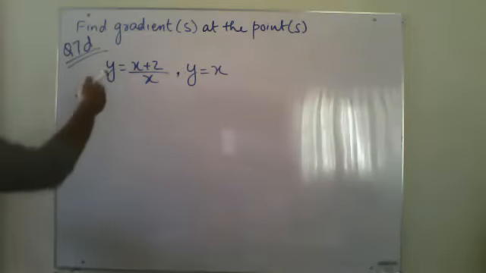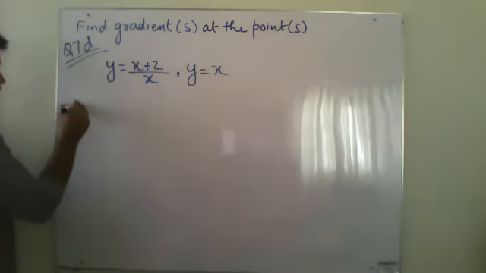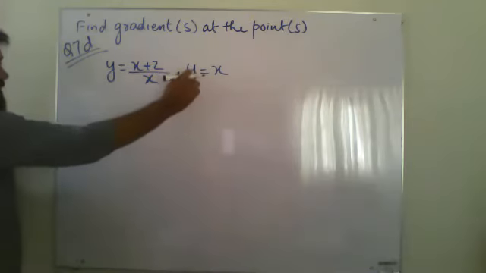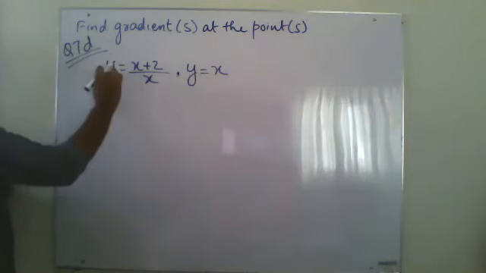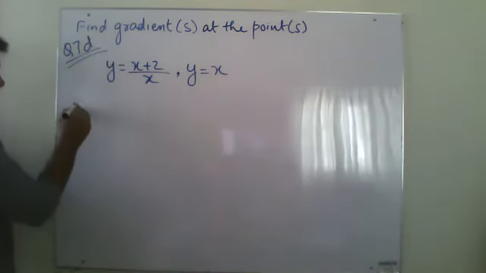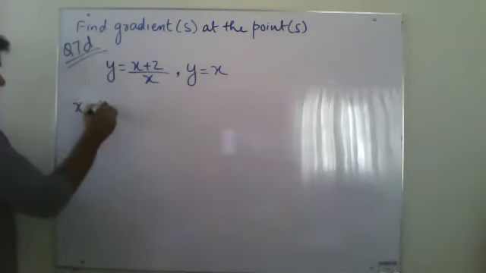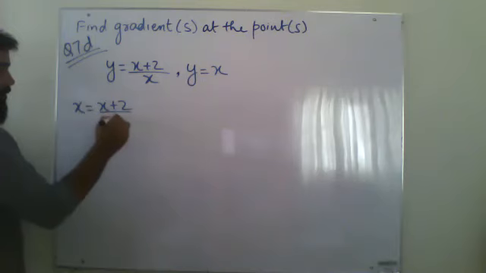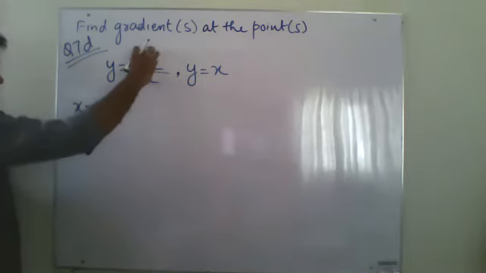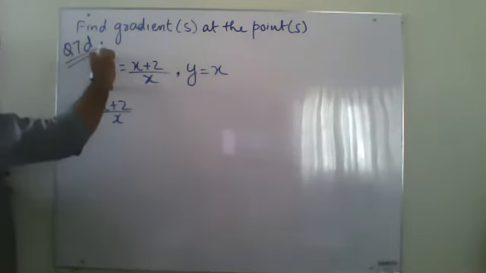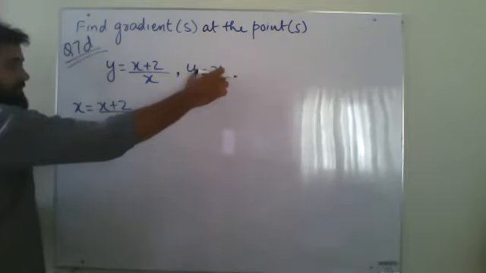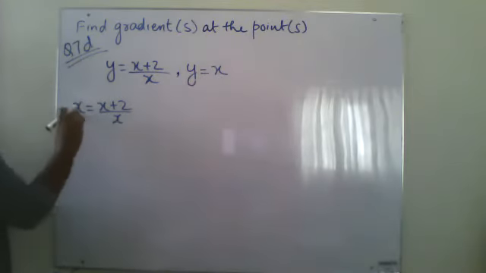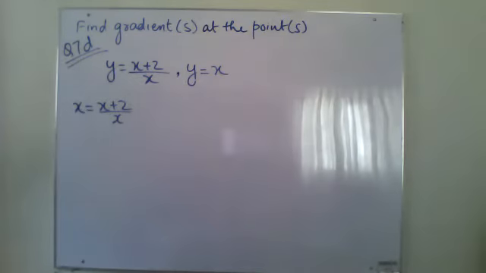So what will happen? Plotting in y is equals to x. So over here in place of this y, I will be writing x plus 2 over x. Y was equals to x, so in place of y, I have written x over here.